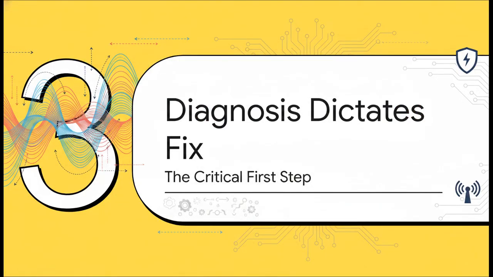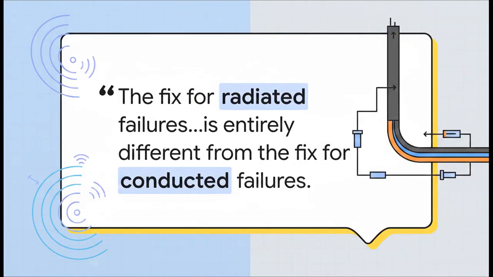So, we've seen they're tested differently, they're caused by different issues, and this brings us to the most important part of all, why this diagnosis is so incredibly critical. The whole point is this. You cannot solve a radiated problem with a conducted solution, or vice versa. It just won't work. They are different problems that demand completely different fixes. Trying to slap a filter on to fix a shielding issue is just a massive waste of time and money.